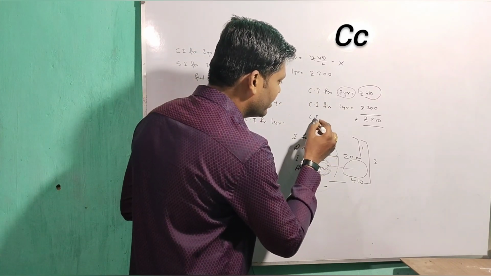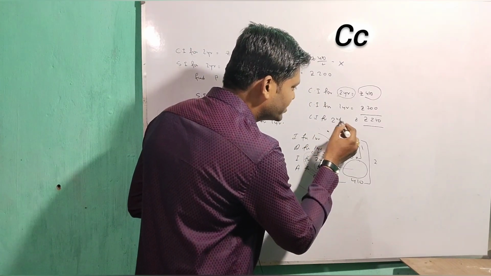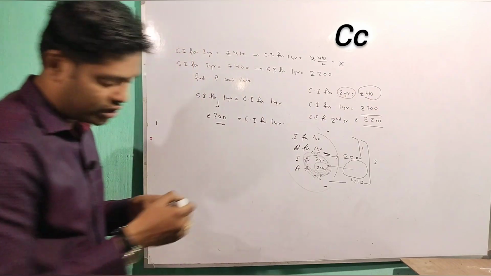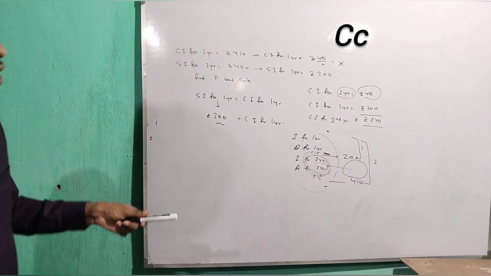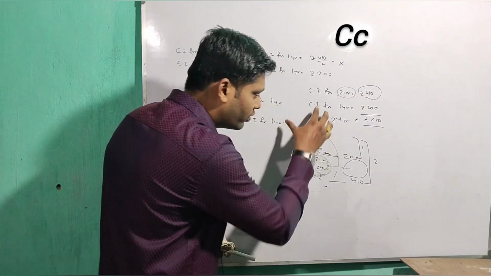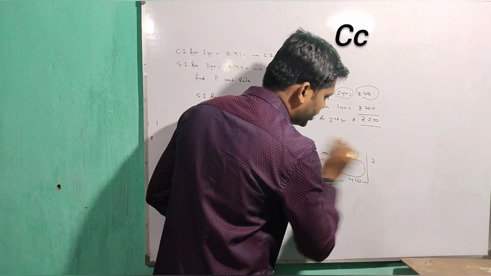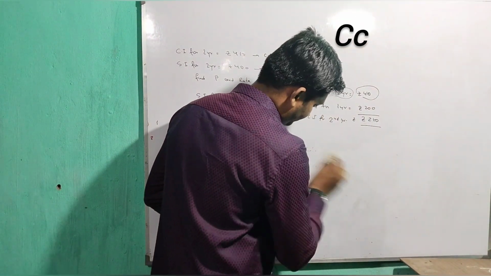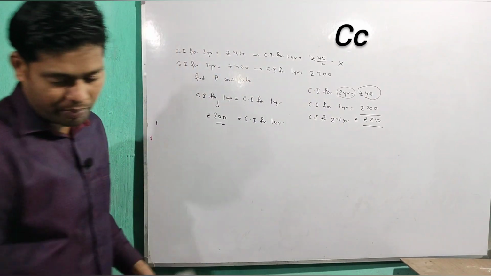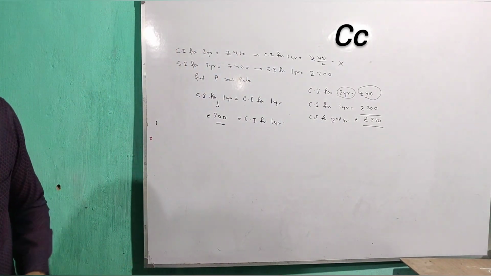So CI for the second year, not 2 years, is 210. For that particular year only, not from the starting, it is 210.